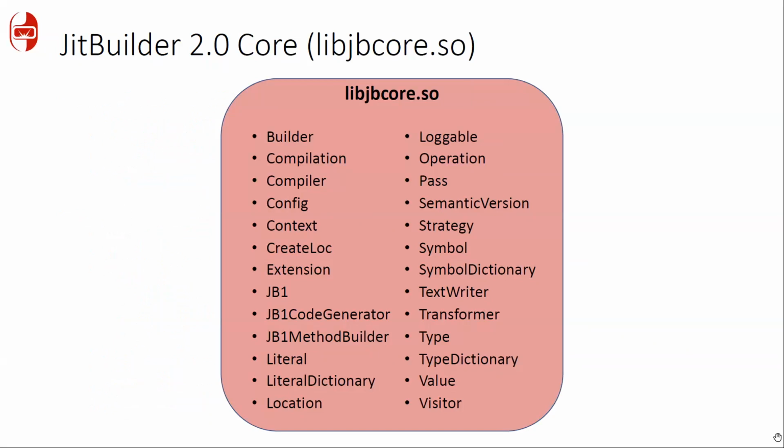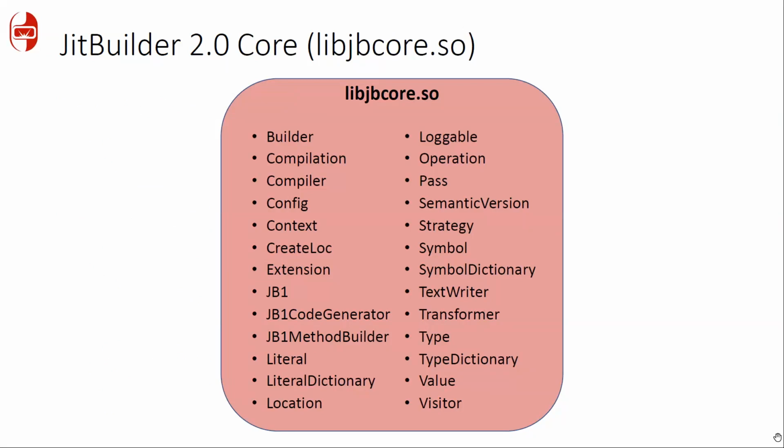Okay, so I've started dividing up the bits and pieces of JitBuilder 2.0 into different pieces. The first of them is a core library. As part of this quest for extensibility, you can't start from nothing.